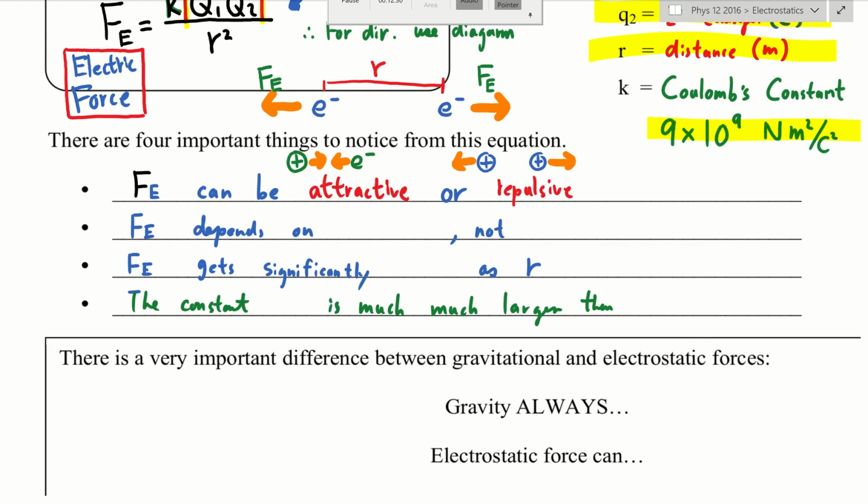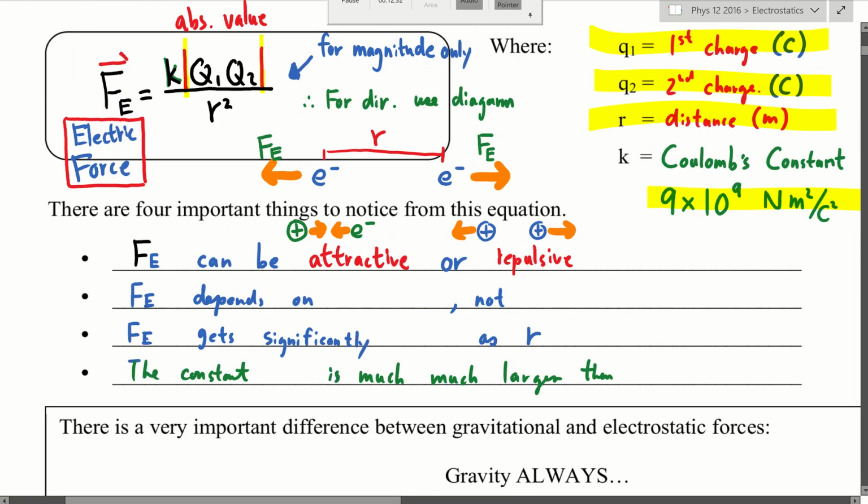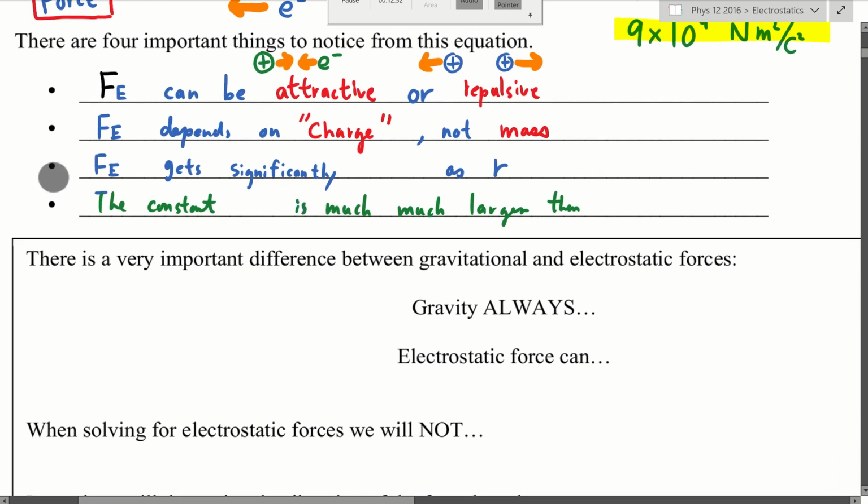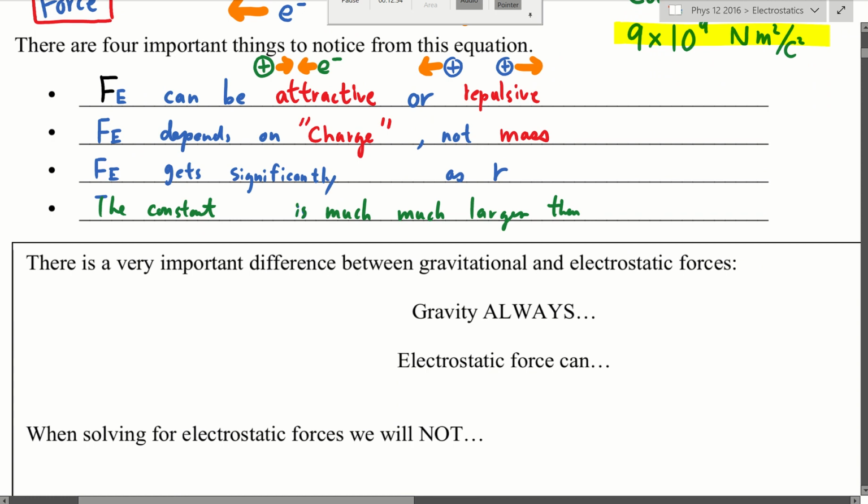Okay, so what does electrostatic force depend on? Now look at the diagram. It depends on charge, right? The Q1 and Q2. So it only depends on the charge of the object. Okay, so it only depends on charge, and it does not depend on mass. So it doesn't matter how heavy the object is. The electrostatic force is here because of the amount of charge on it, not the amount of mass on it, right? Mass can get you gravitational force, not electrostatic force.